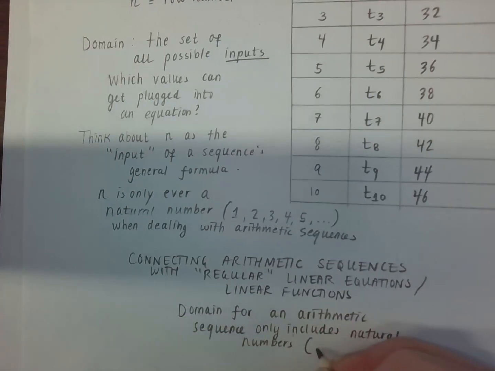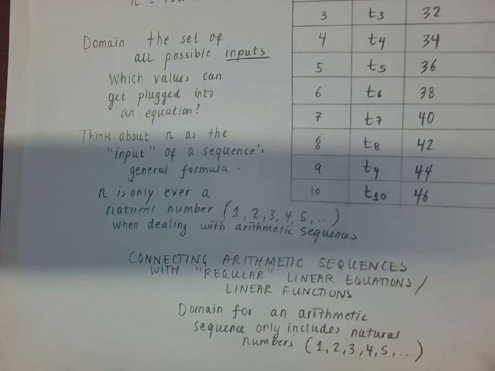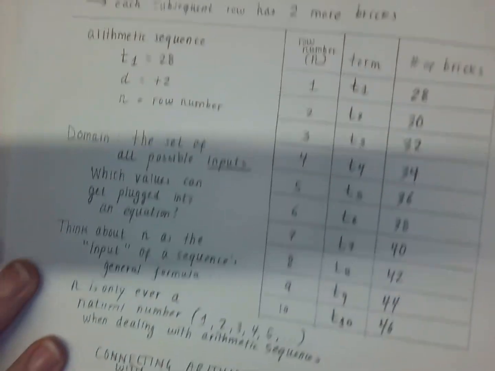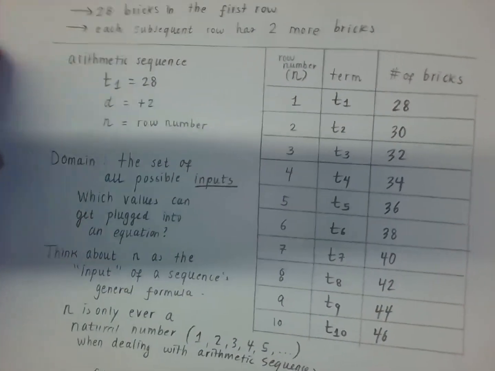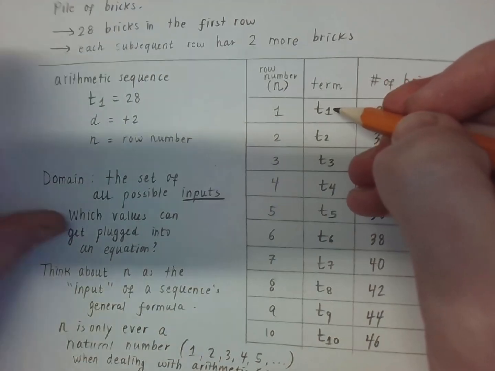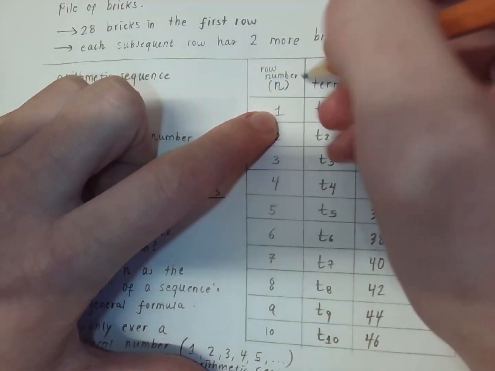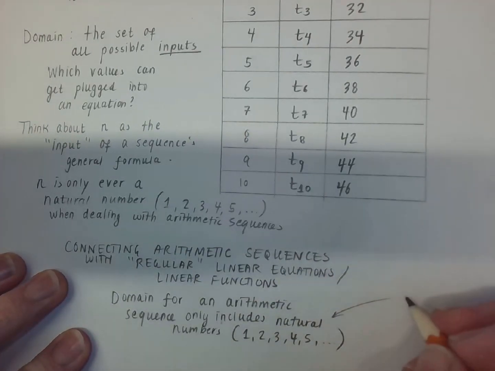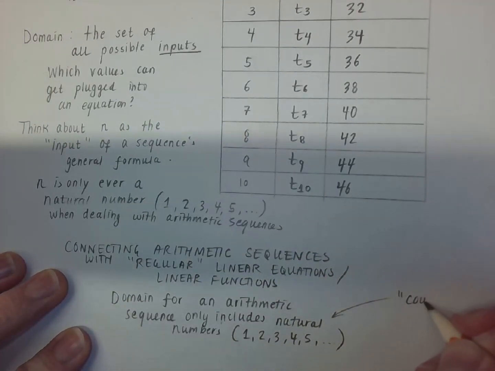Sometimes I call the natural numbers the counting numbers, basically 0 is not included. N doesn't get to equal 0 because T1 is the starting point of the sequence. We don't have a T0. So we can think of natural numbers as counting numbers.